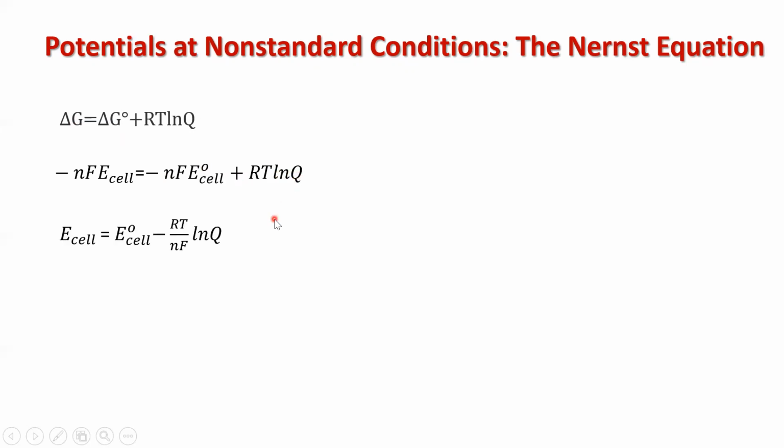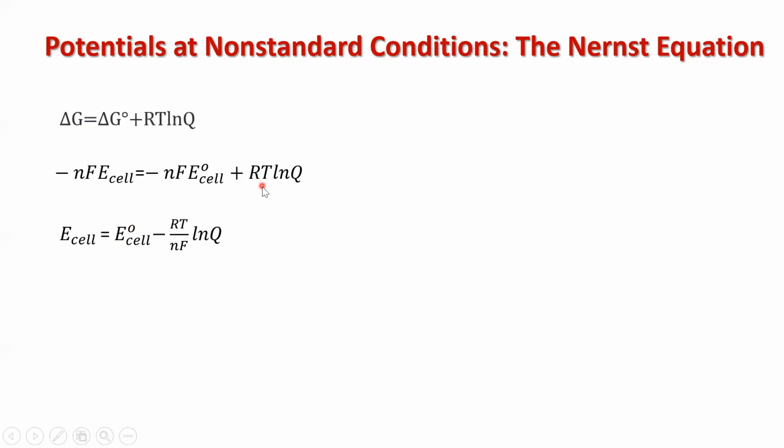So we're going to do a little manipulating with this equation. We're going to divide everything by negative NF. That cancels negative NF out on the left-hand side. It cancels negative NF here, and we're just left with E naught.